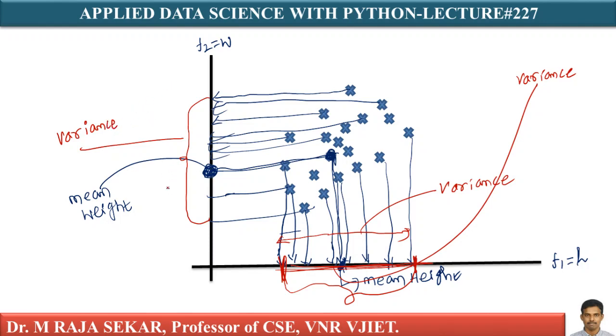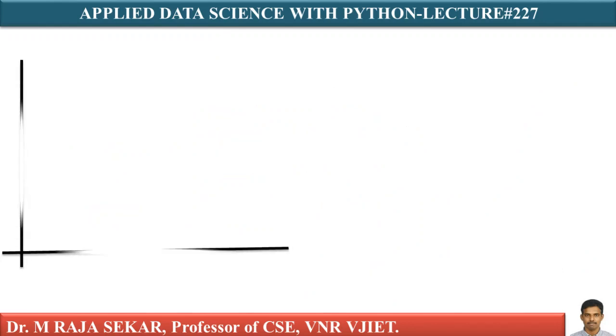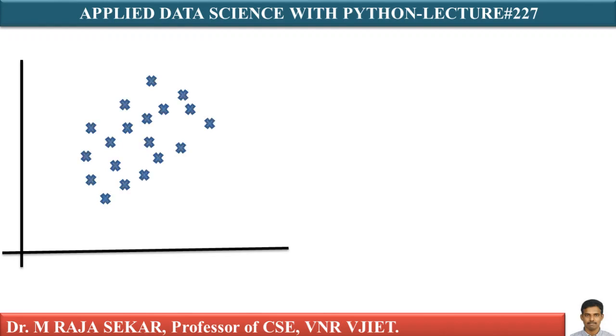Now, this is my original data. By transforming this using column standardization, what do we get? We will try to understand column standardization. Let me rewrite. This is my original data.